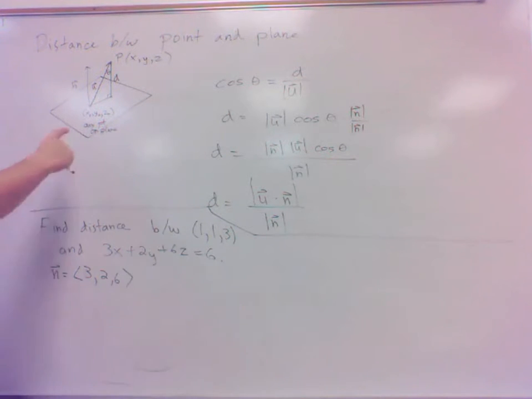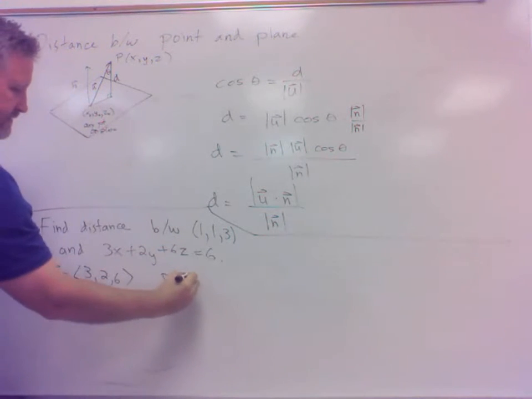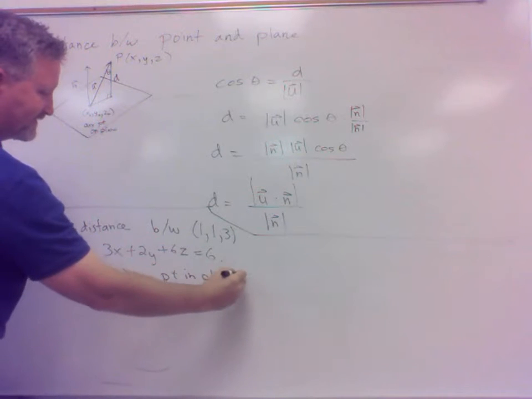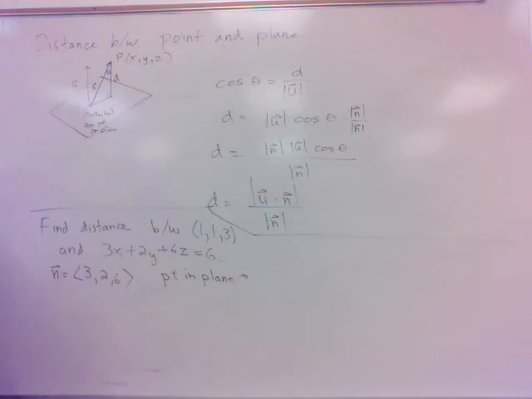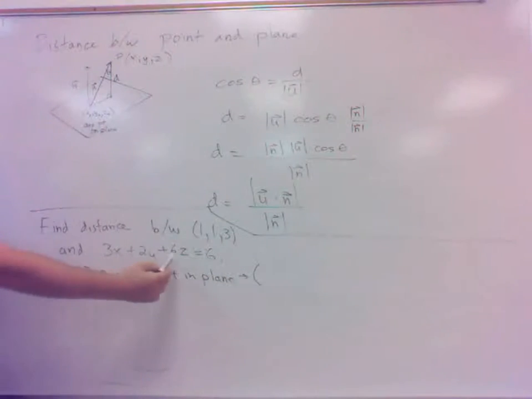All right, then the other thing we need is just a random point in the plane, but if we're smart about this, what could we get here? Do you see any nice little point we could get that would be in that plane?